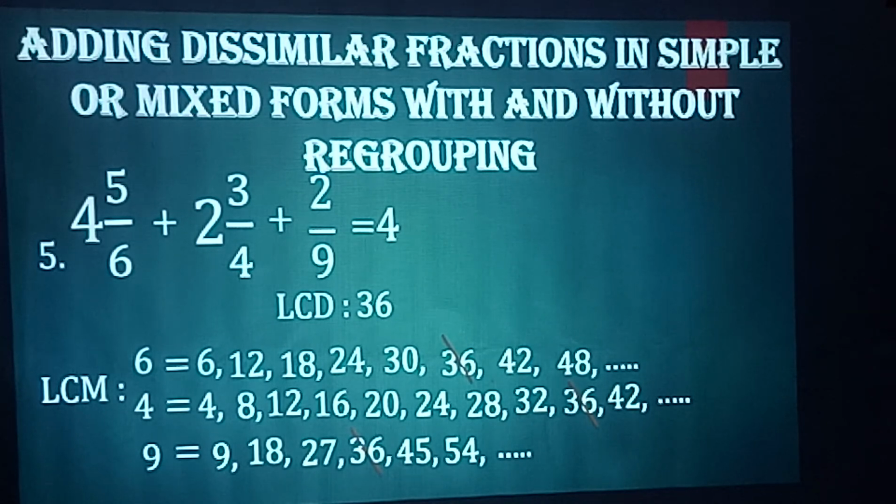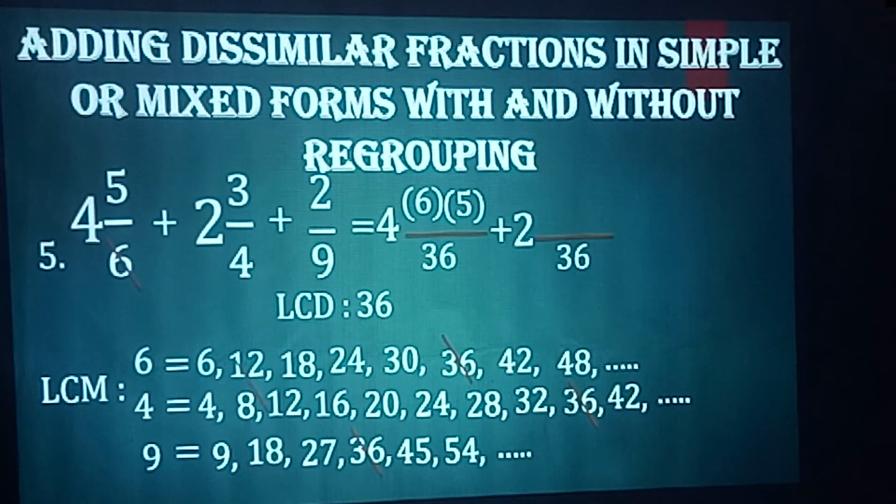And that is equal to, copy the whole number 4 for the first fraction, and 36 divided by 6 is equal to 6 times 5, plus the whole number again 2, and 36 divided by 4 is equal to 9 times 3, plus 36 divided by 9 is equal to 4 times 2.